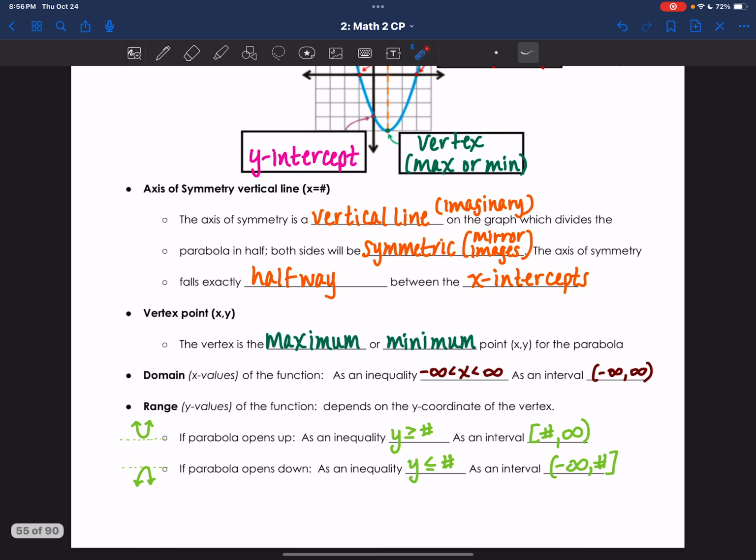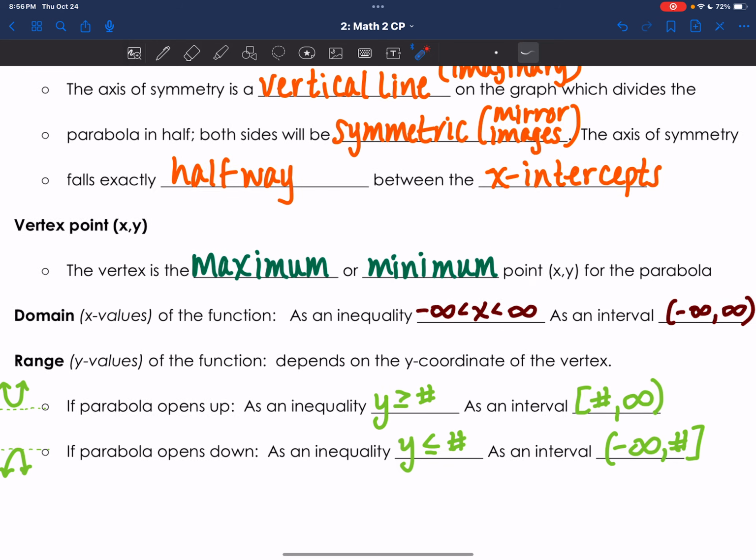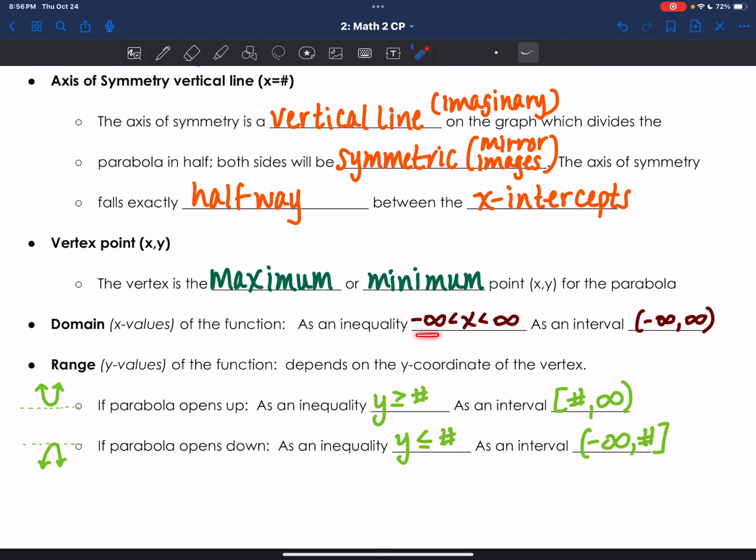For your domain, your x values, you are going to write an inequality of negative infinity is less than x, which is less than positive infinity. So it's basically saying that it's between those, as an interval of negative infinity, comma, positive infinity. Your range, like we said, is the y coordinate of the vertex.